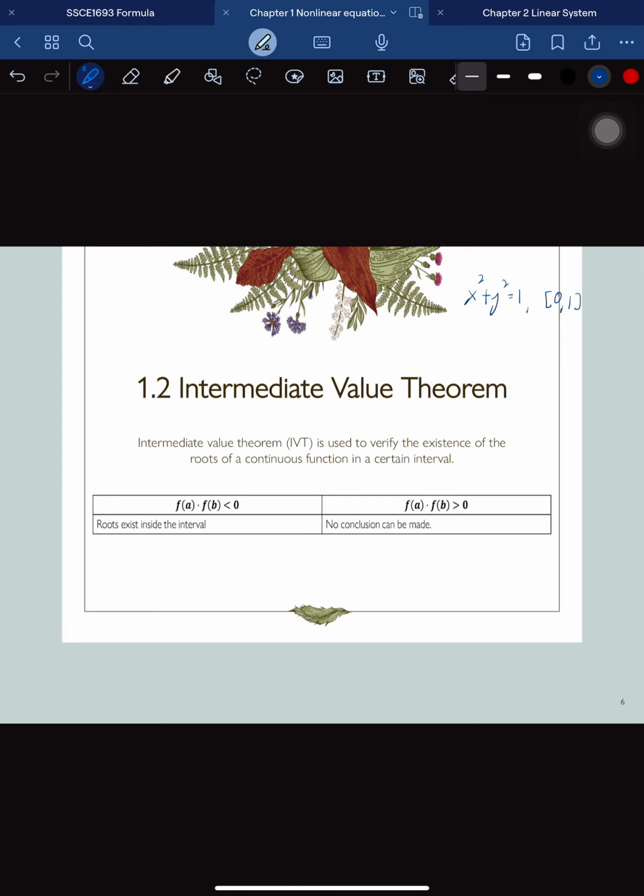The first endpoint will be a and this one will be b. When f(a) multiplied by f(b) is negative, less than 0, then a root exists. But if the answer is more than 0, positive, no conclusion can be made. So if the question asks you to show by applying the IVT that there is a root in this interval, you have to apply this theorem.